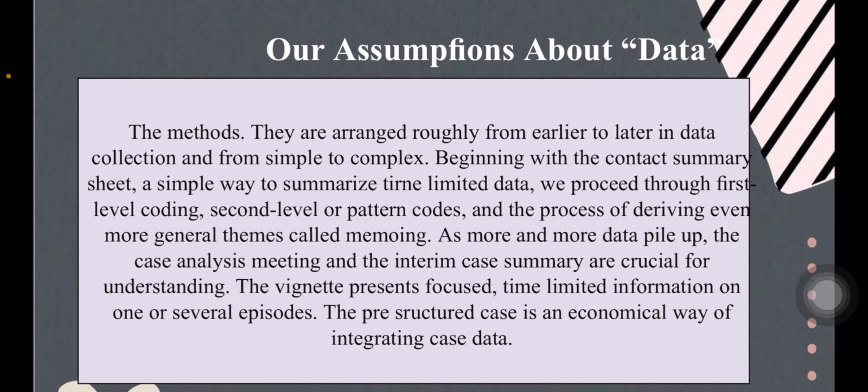We proceed through first-level coding, second-level or pattern codes, and the process of deriving even more general terms called memoing. As more and more data pile up, the case analysis meeting and the interim case summary are crucial for understanding.